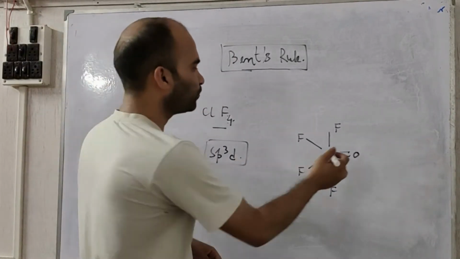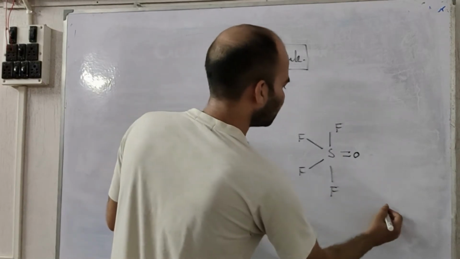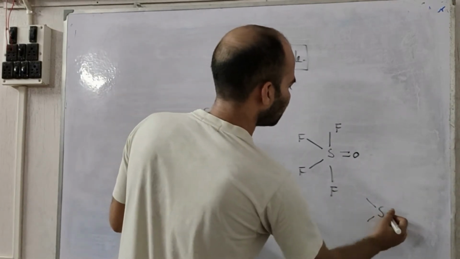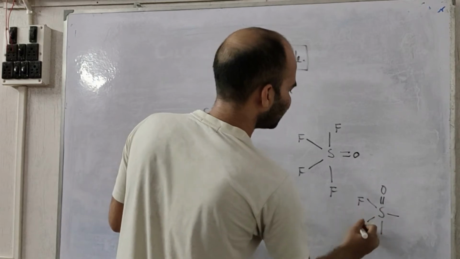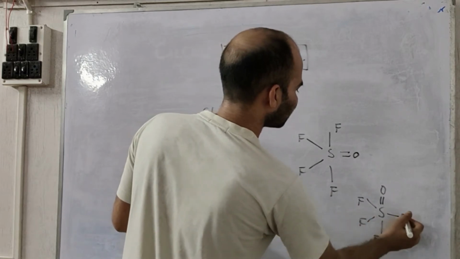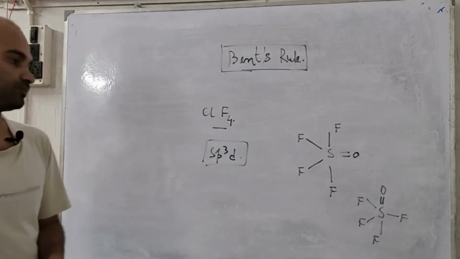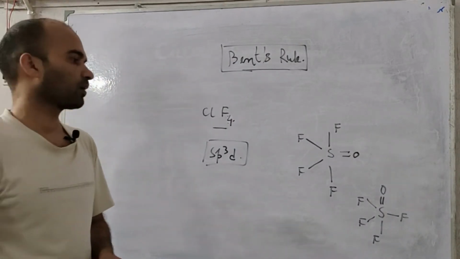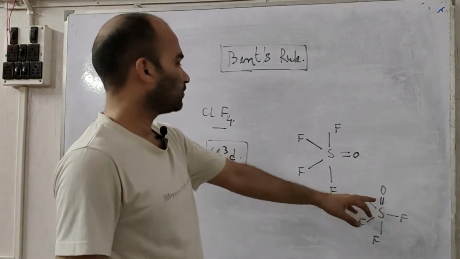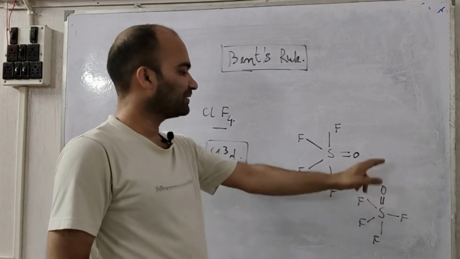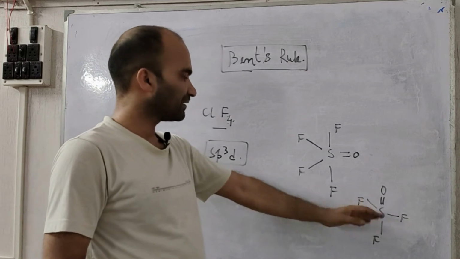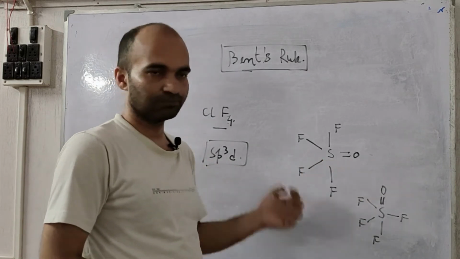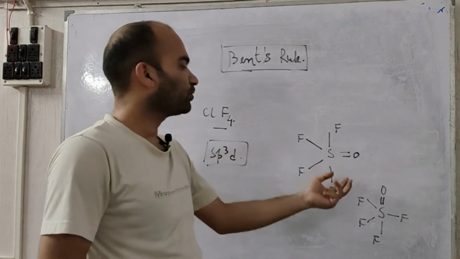Why don't we put this oxygen on the upside rather than this? We could have put the oxygen in the upside or axial position rather than the equatorial position, but why don't we do that?